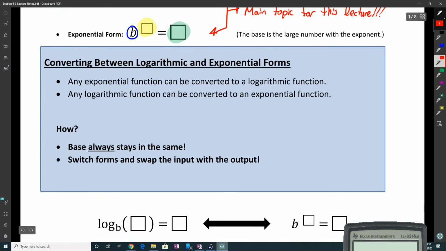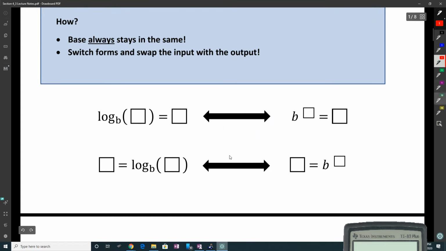Anyway, so let's do some examples. Oh, more stuff. So again, the inside becomes the answer. The answer becomes the inside. Same thing over here. The inside becomes the answer. The answer goes to the inside.